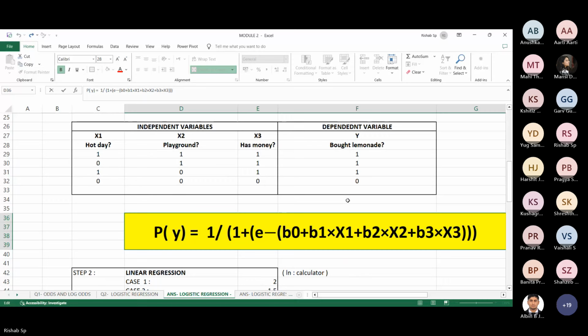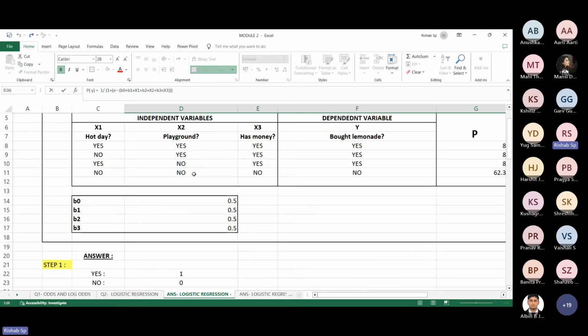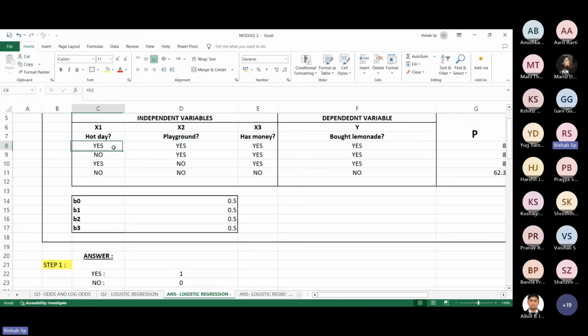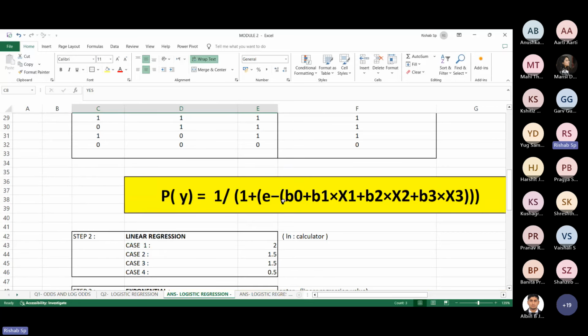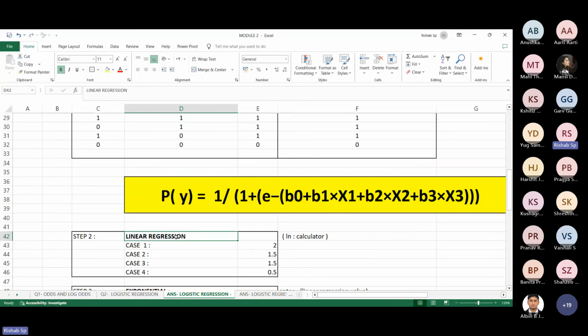So we have all values. Beta 0 is already given in the question, beta 1 is given, beta 2 is there, beta 3 is there, and there are 4 cases where x1, x2, x3 for each case are given. So we just use this equation and find the linear regression value.